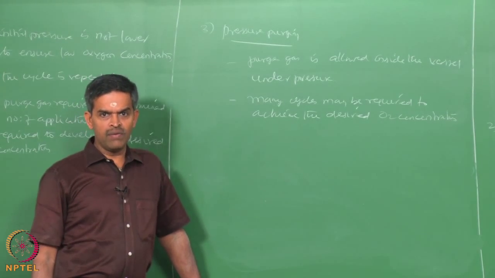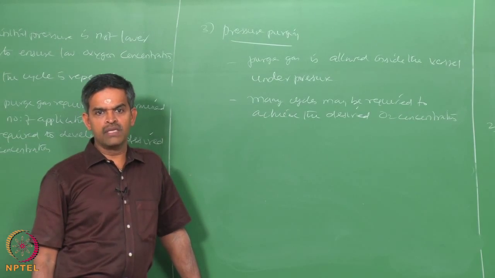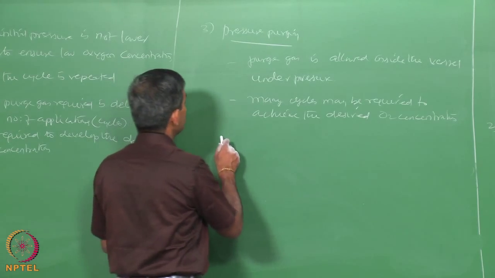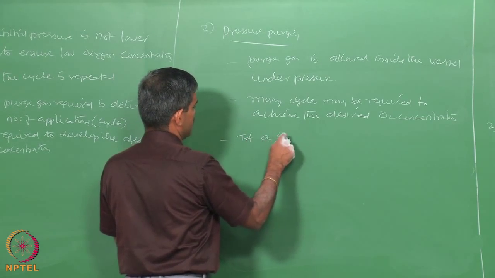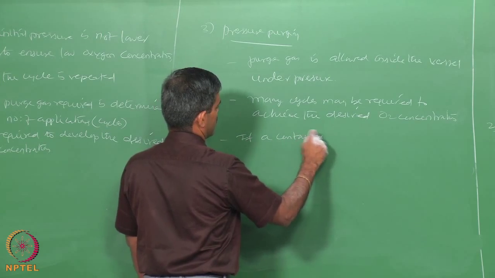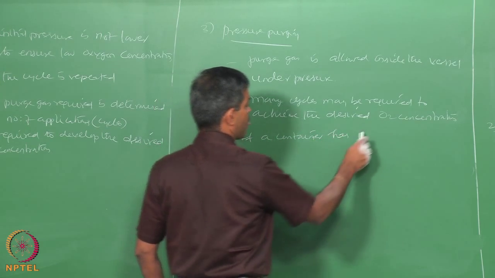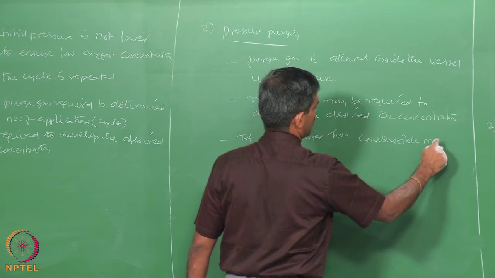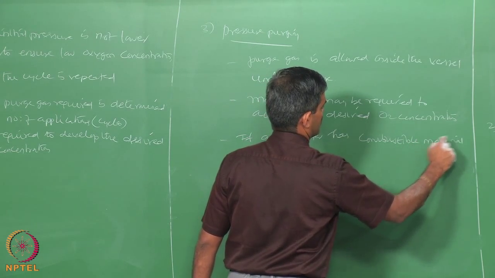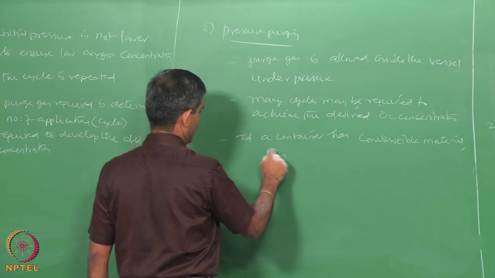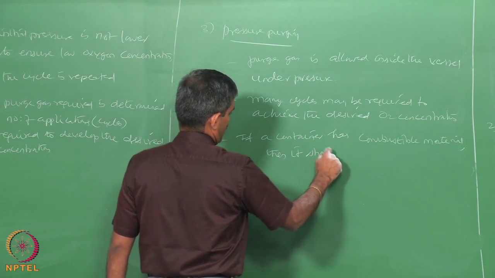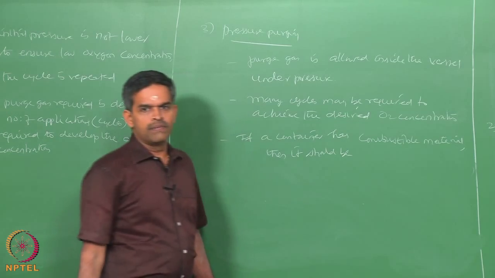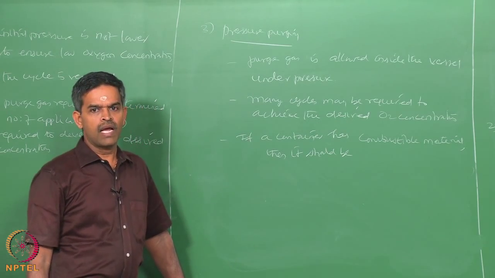When a container filled with combustible material is emptied and then purged, that is very important. If a container has combustible material, then it should be emptied and then purged.